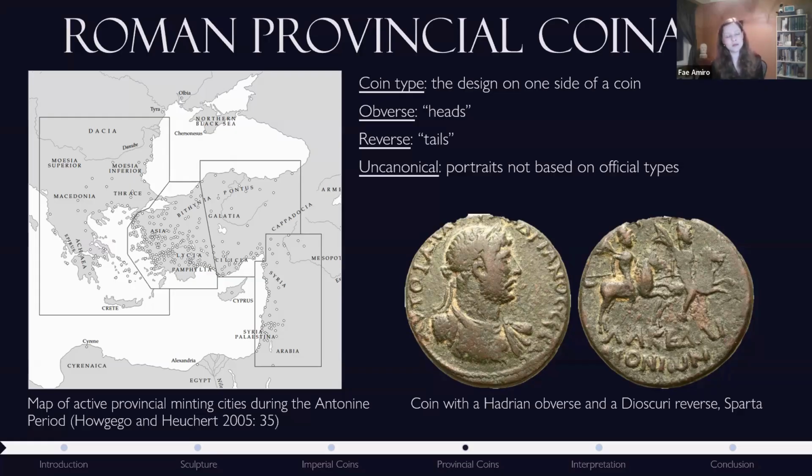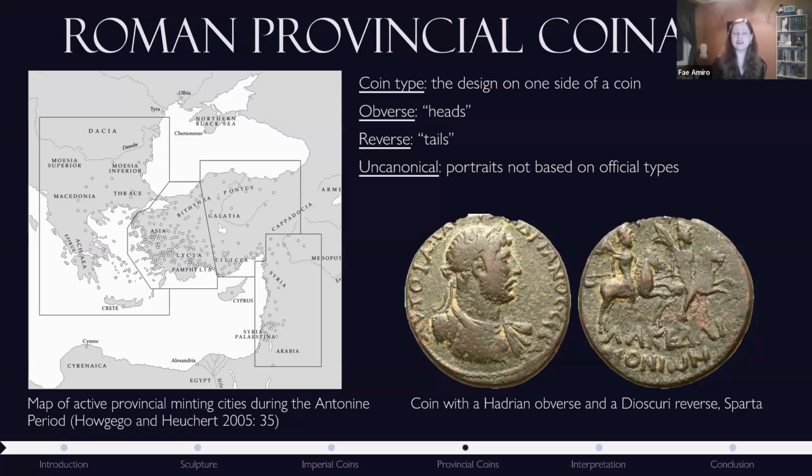So Rome, the imperial mint, is producing all of the coinage for the western half of the empire, whereas the east has this long tradition of minting its own coinage at these individual local city mints dating back mostly to the Hellenistic period, some even earlier than that.